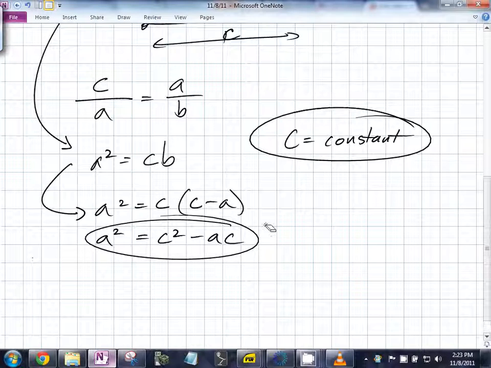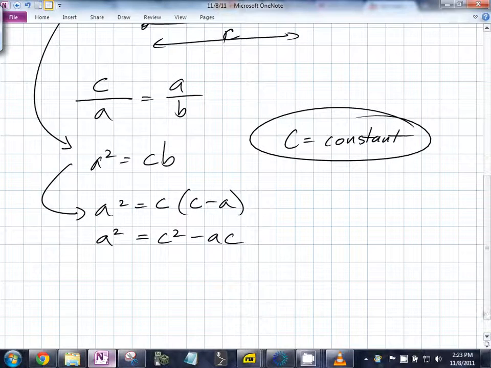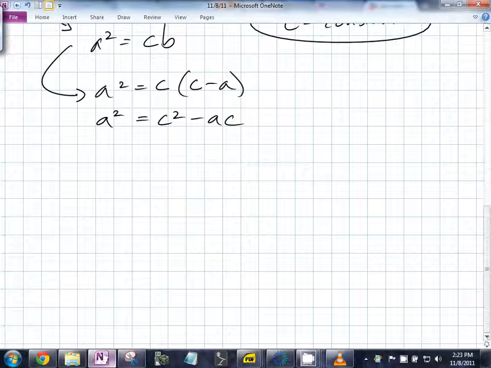This is therefore what kind of an equation? That's a quadratic. When we solve quadratics, we set them equal to 0. A squared plus AC minus C squared is equal to what? 0. This is a quadratic. We're trying to find out when this equals 0. It's challenging to factor this. You tried to factor before, but what did you have to use to solve the quadratic before?